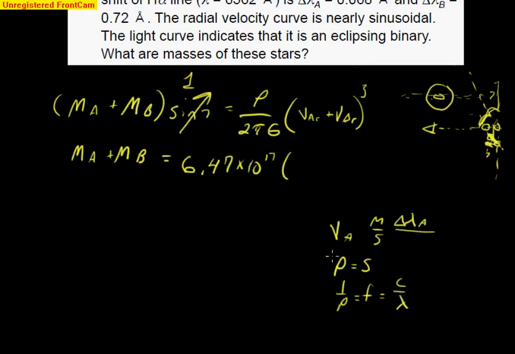So, working this backwards, if you want your period here, and your period is equal to 1 over your frequency, and your frequency is equal to c over lambda, then your period is equal to lambda over your speed of light. And using speed of light for the velocity term is very appropriate for light traveling in space.